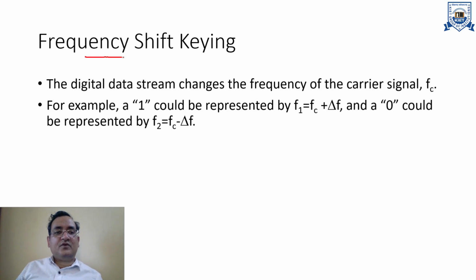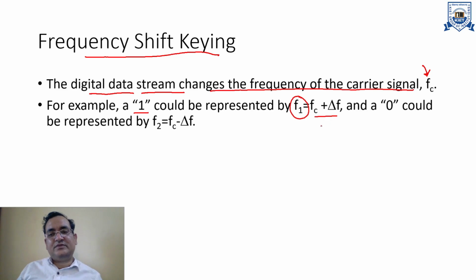Now, what is the representation of frequency shift keying? In this type of modulation methodology, the digital data stream changes the frequency of the carrier. Let us suppose FC is your carrier. If you are transmitting 1, then you will send the frequency F1. It may be FC plus delta F or some other frequency, which is related to your carrier frequency.